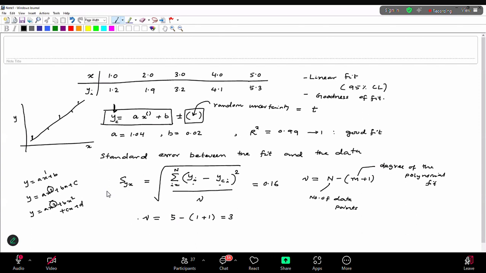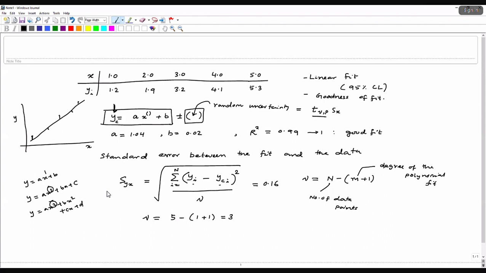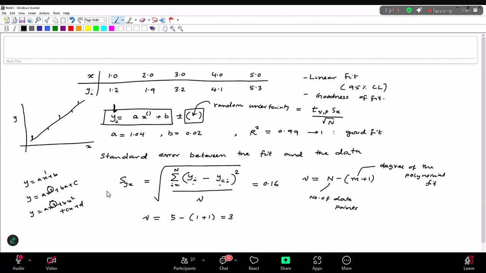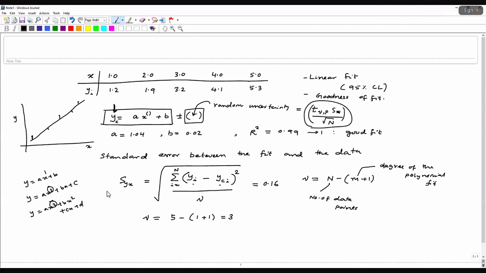Sir, so this random uncertainty we have found, right? It is t nu p times SYX divided by square root of n. So we have to evaluate this. So we have already found SYX. N already we know.